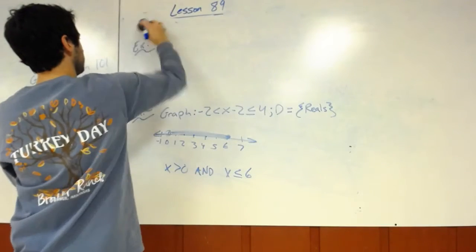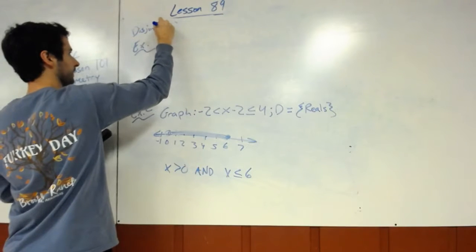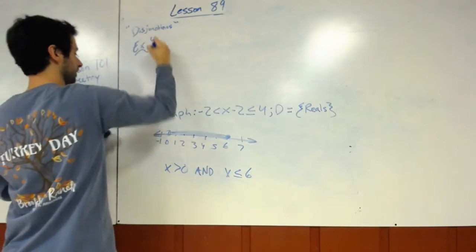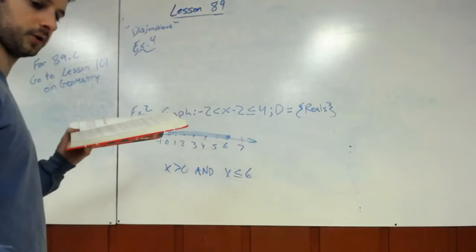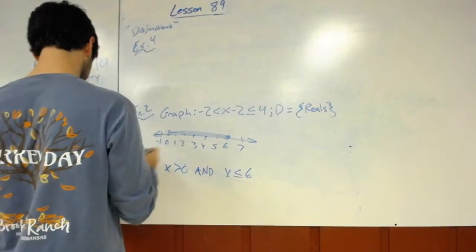Now let's look at one more. Now we're going to look at disjunctions. Once again, you're just graphing what it tells you to graph. And disjunction means or. So let's look at one example here.